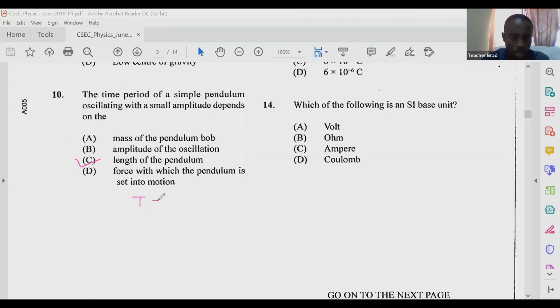If you remember, the time period of the simple pendulum is 2 pi square root of L over g, where L is the length, and g is the acceleration due to gravity. So g is a constant, and we know that 2 pi is a constant. So the only other variable there is the length. So it depends on the length.